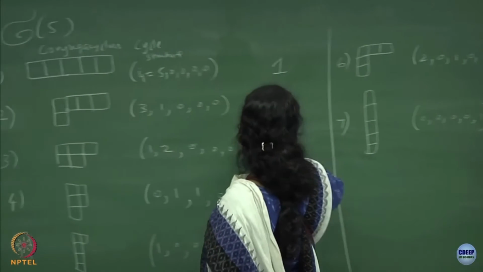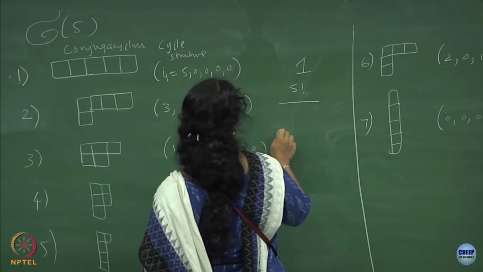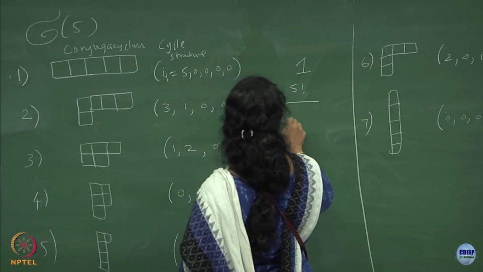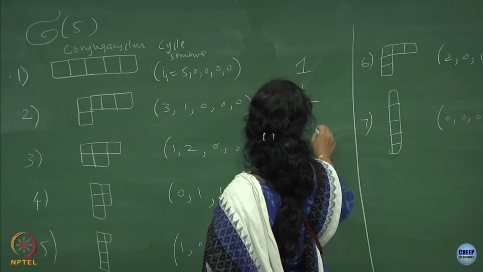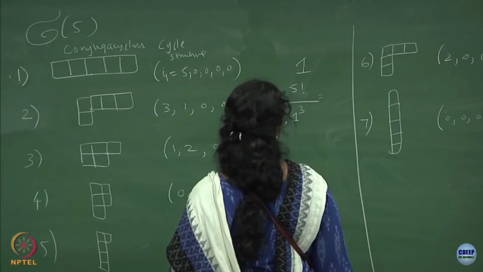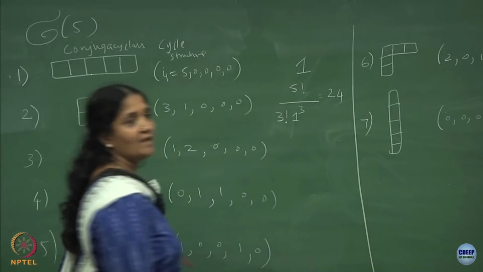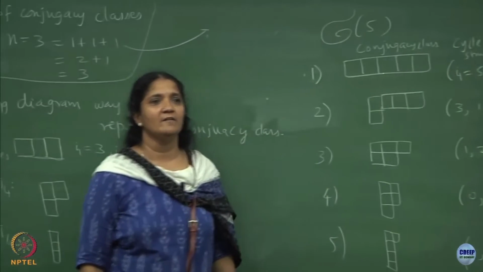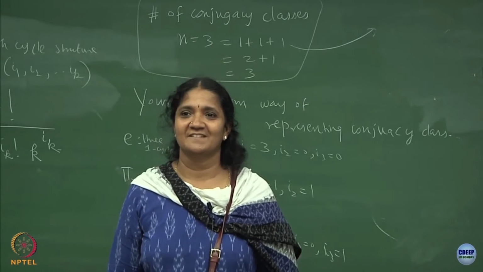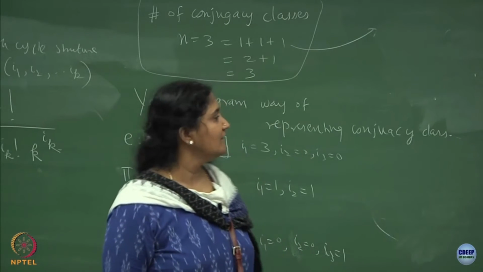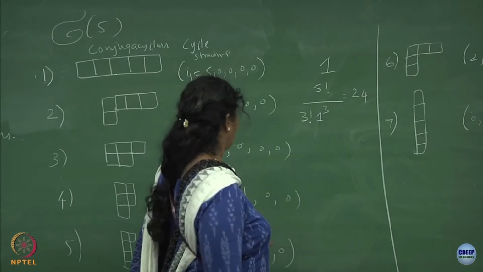So, this will be 5 into 4, right? Am I right? 24. Anyway, I will leave it to you to do it. Totally you have to get how many? Total should add up to 120 elements. 5 factorial is 120. Is this right? It is correct. So, what about here?